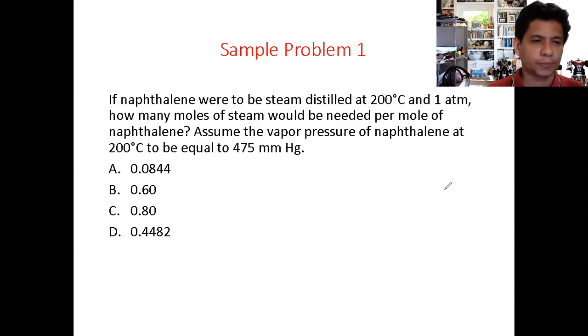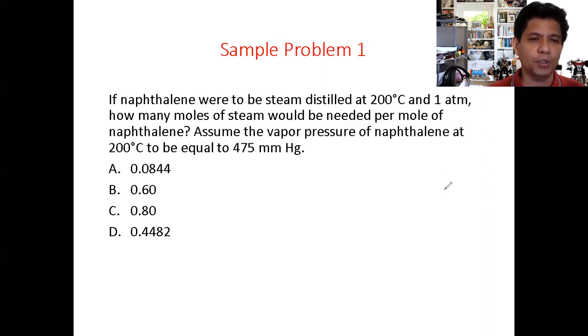So in the problem, you have the vapor pressure of naphthalene, which is 475 millimeter mercury. Per mole of naphthalene, so the number of moles of naphthalene is 1. What is being asked is how many moles of steam, so the number of moles of steam is unknown.